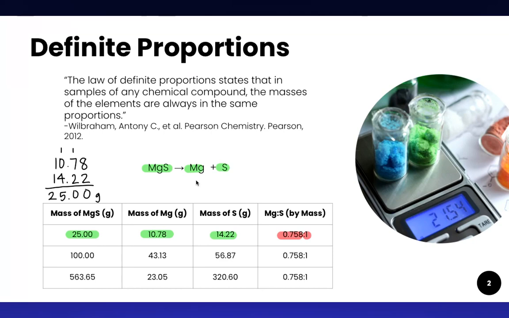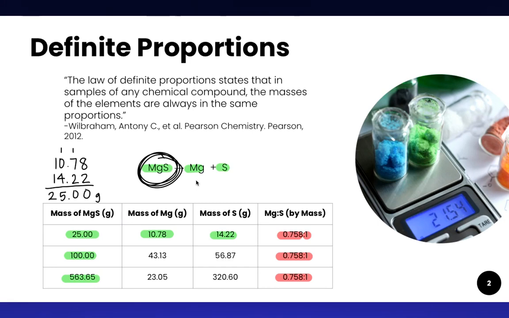Now this experiment, like I said, is repeated 2 more times with different starting masses, and the results show that the ratio of magnesium mass to sulfur mass is the same in every experiment. So that is saying that in this compound right here, magnesium sulfide, the masses of the elements are always in the same proportions.